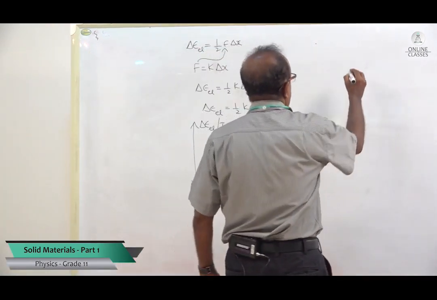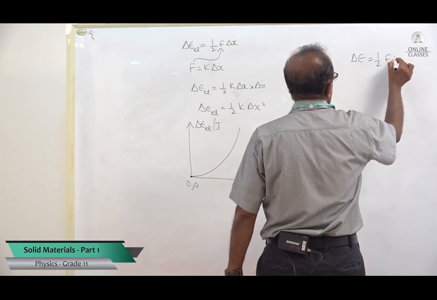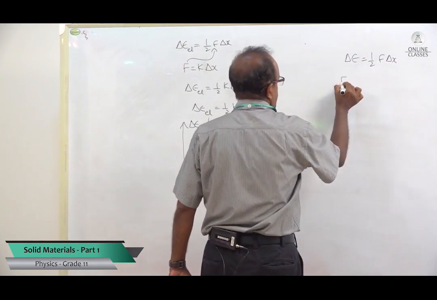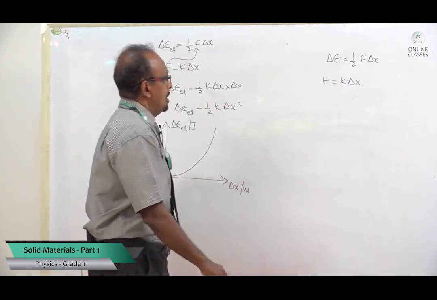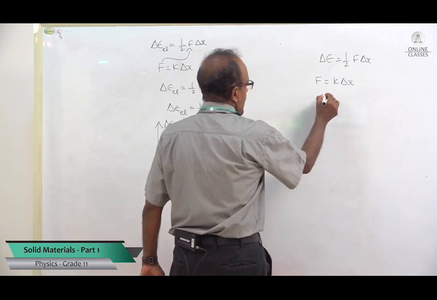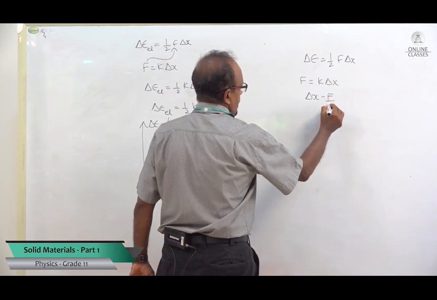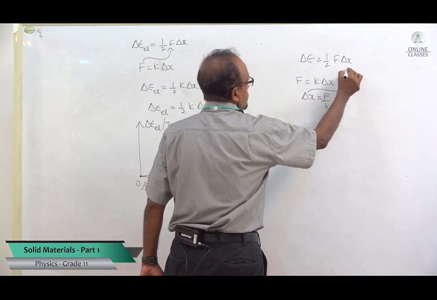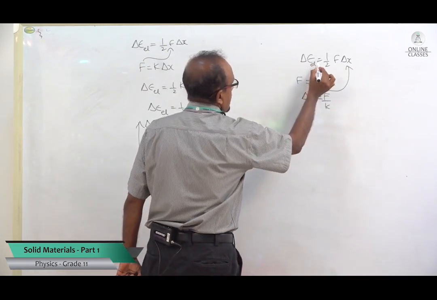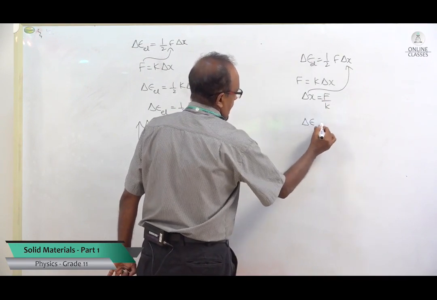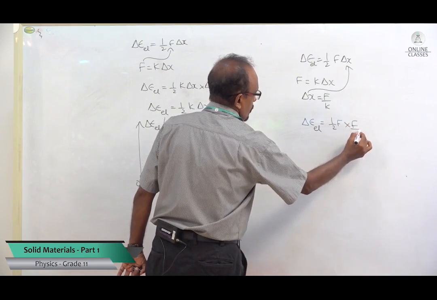Then there is another equation. We have delta E equals half F delta x. In some places, you can use this: if you remove delta x, it will be F over k. So in place of delta x, if you substitute F over k, you get delta E elastic as half F into F over k.